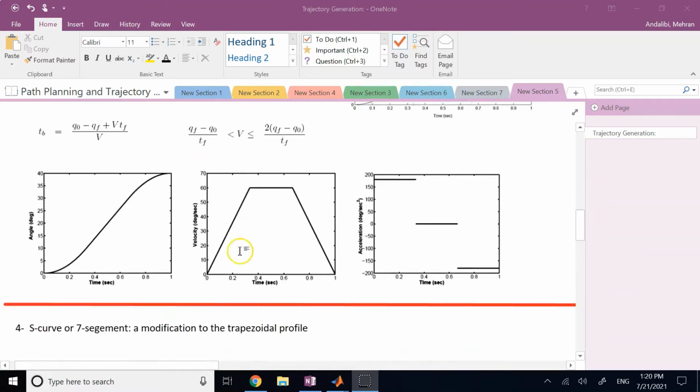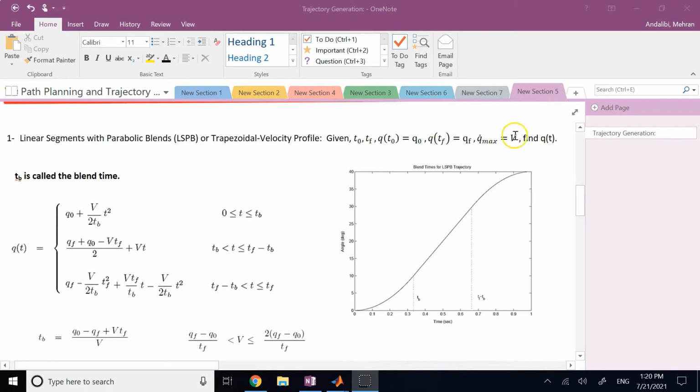So what it is: I'm given the initial time and the final time, the initial joint value and the final joint value, and the maximum speed that I want to achieve, okay, or I can achieve. So I'm given these 5 parameters.